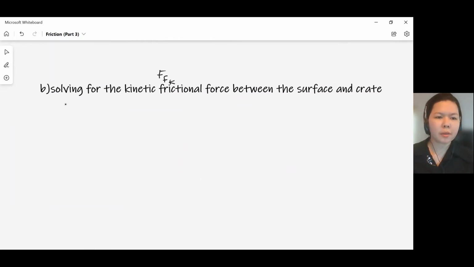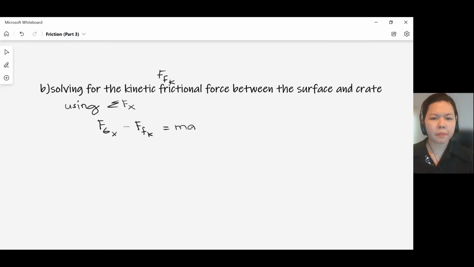We have solved for A and we have the mass. And this is what we are looking for, the FFK, and we still need to determine our Fgx.